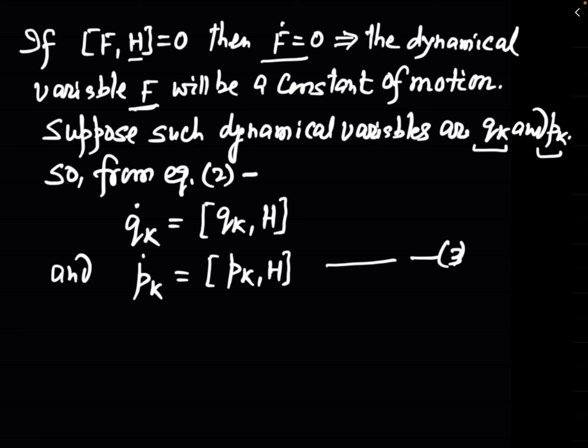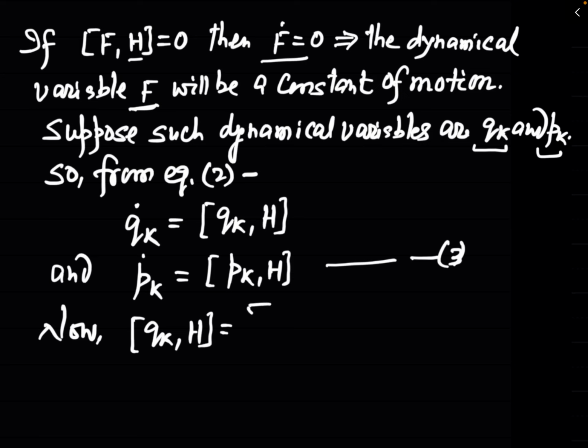Now let us evaluate these Poisson brackets. What will be the value of this Poisson bracket? Now we should try to evaluate. So now the Poisson bracket of qk and h. Apply the definition of the Poisson bracket.